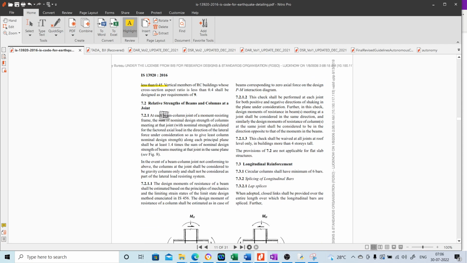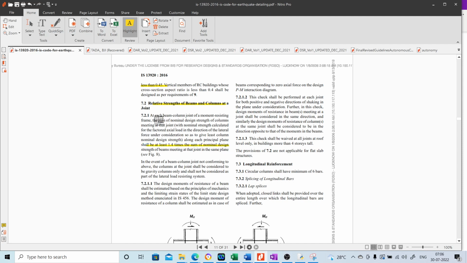Then these are criterions relating to capacity design, that is to ensure the strong column weak beam philosophy, that is, the cumulative strength of the beams and the columns. The capacity ratio has to be greater than 1.4.